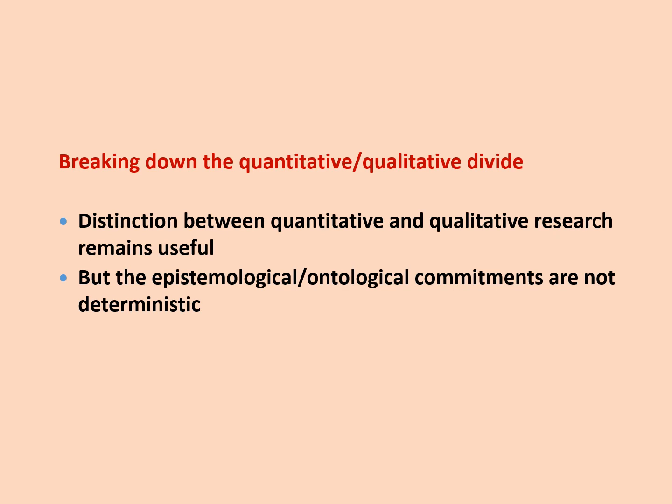And even though the distinctions between these two ways of doing research exist, the epistemological and ontological commitments and assumptions of these ways of doing social research are not as deterministic as we thought.